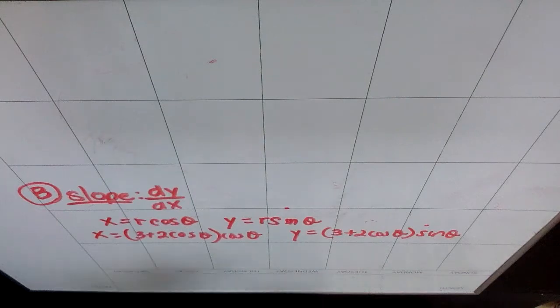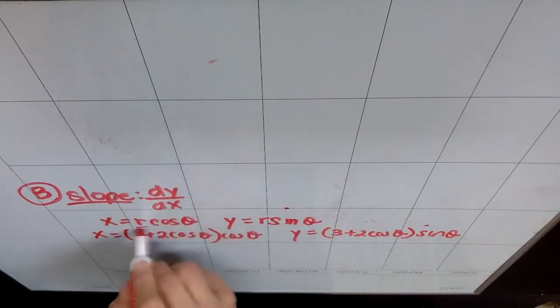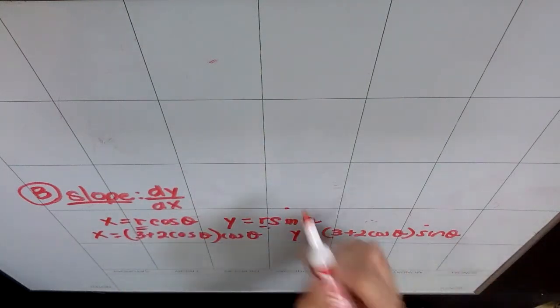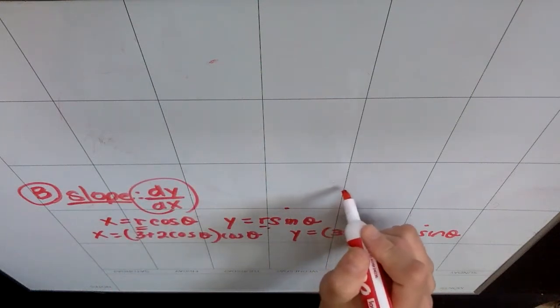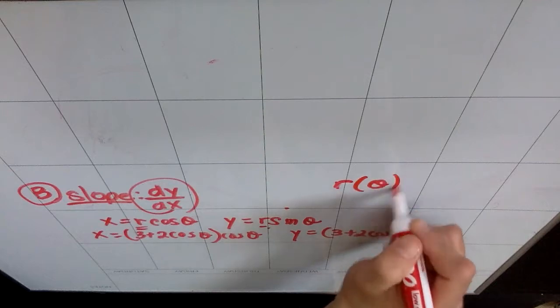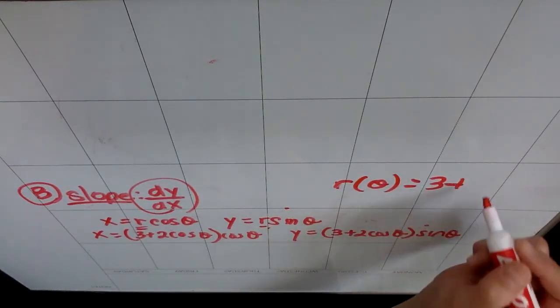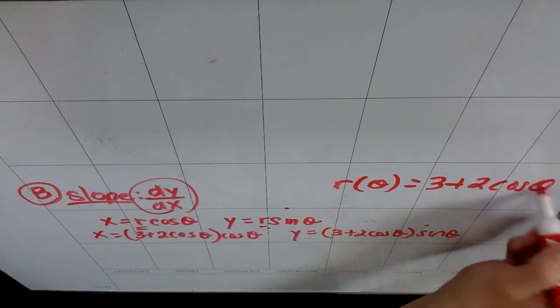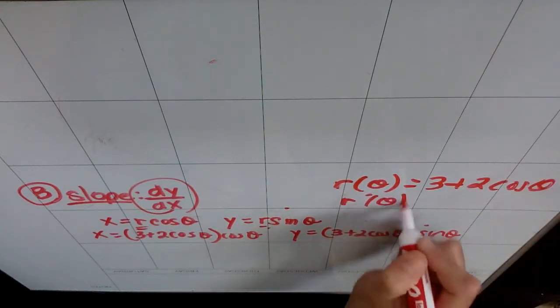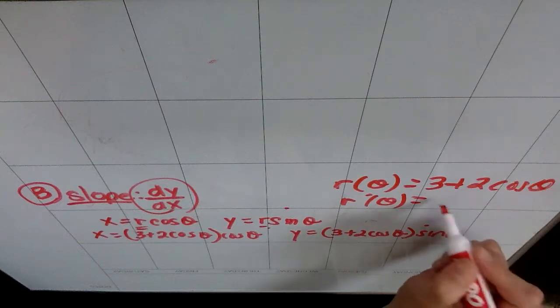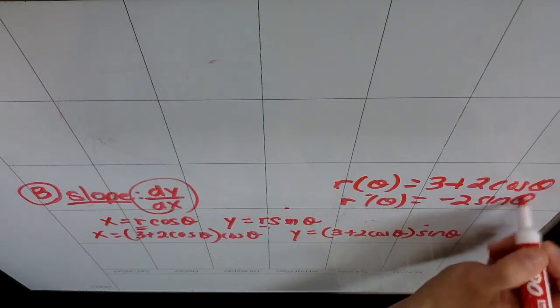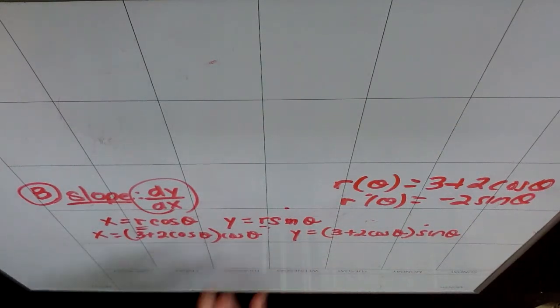So we want dy dx, but it's not a terrible idea to say, hey, wait a sec, I know that r of theta is 3 plus 2 cosine theta, so r prime of theta is going to be a negative 2 sine theta. And that's not a terrible idea because then when you do your product rule, it's a little bit easier.